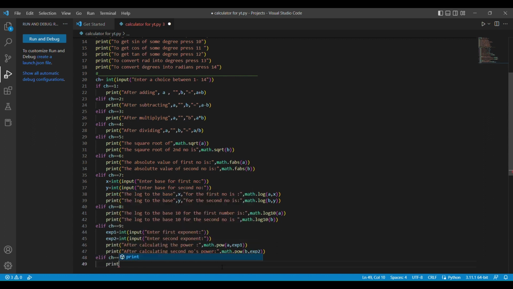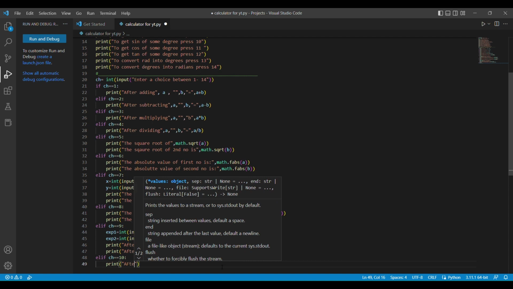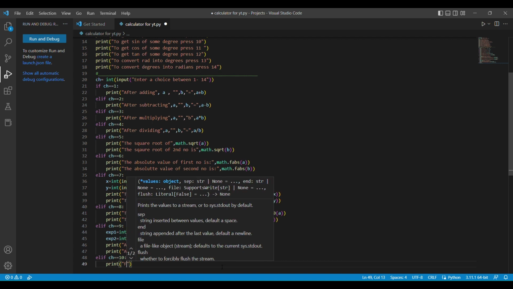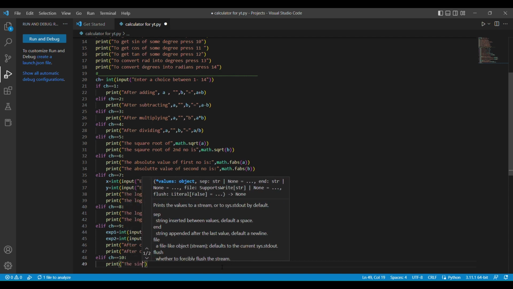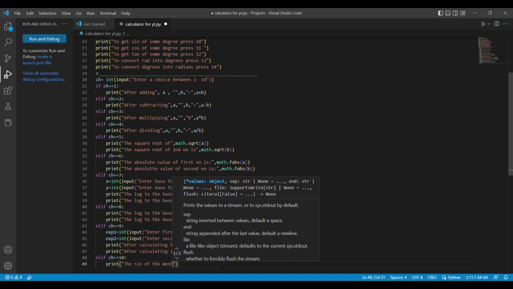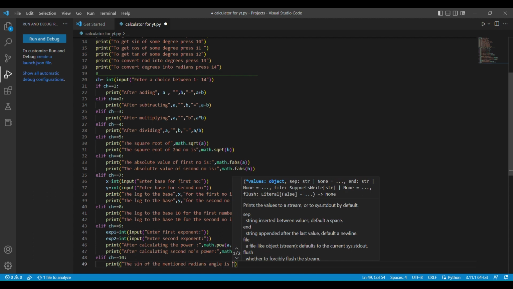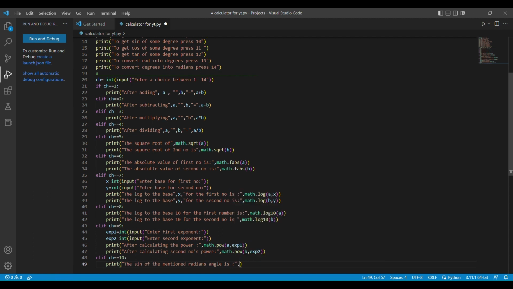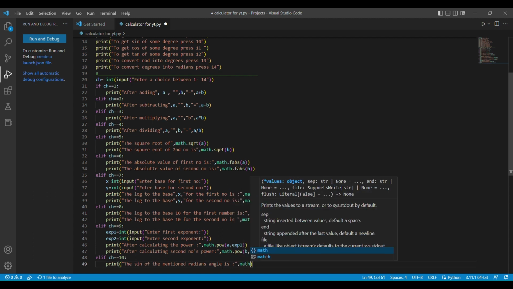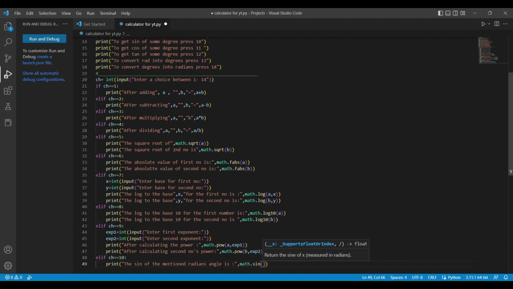Then print after the sine of the mentioned radians angle is, comma math dot sin, and in the brackets we have to put the argument, meaning the angle in radians.